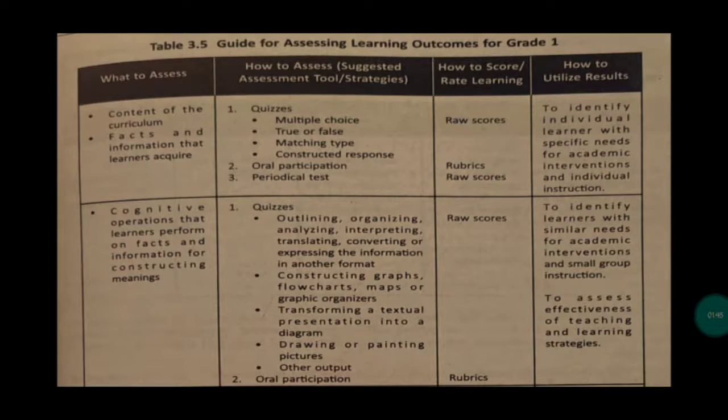Drawing or painting pictures. Other output. Oral participation. How to score: raw scores, rubrics. How to utilize results: to identify learners with similar needs for academic interventions in small group instruction, and to assess effectiveness of teaching and learning strategies.